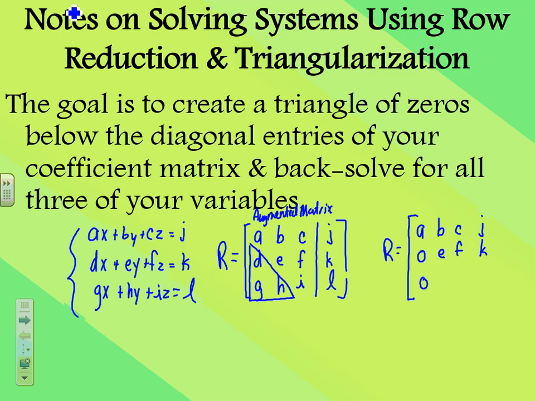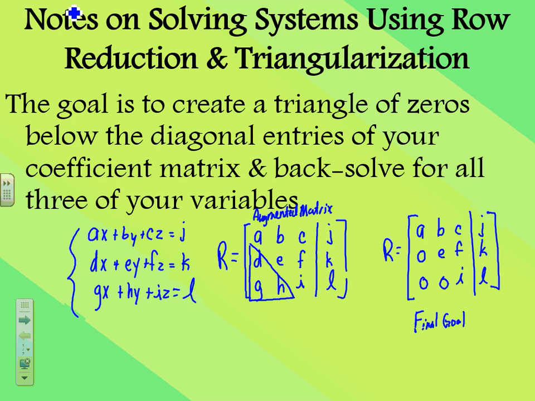And then the G and the H are now zeros. So that is what they're referring to: we have a triangle of zeros in the numbers below the diagonal entries. So this is our final goal as far as a matrix is concerned.